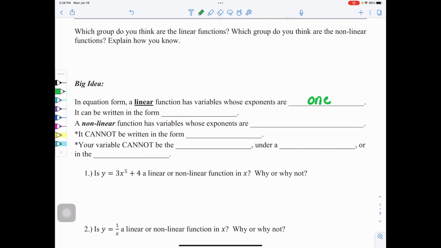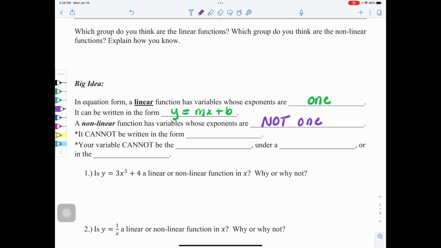It can be written in the form y equals mx plus b. On the contrary, a nonlinear function has variables whose exponents are not 1.